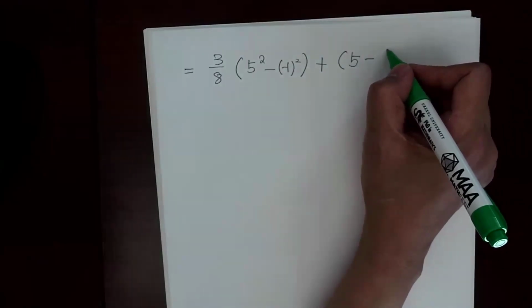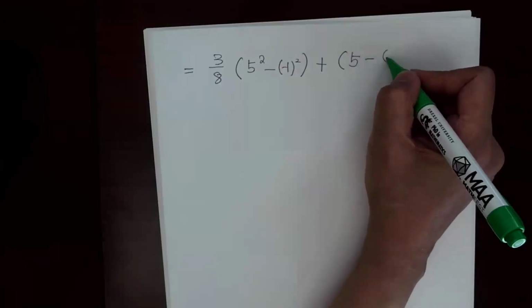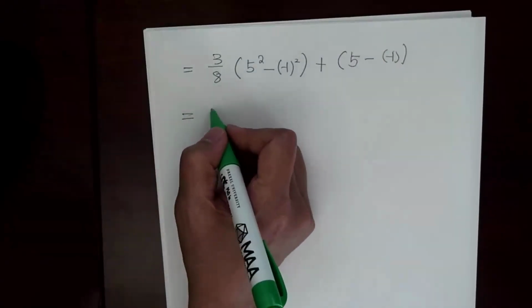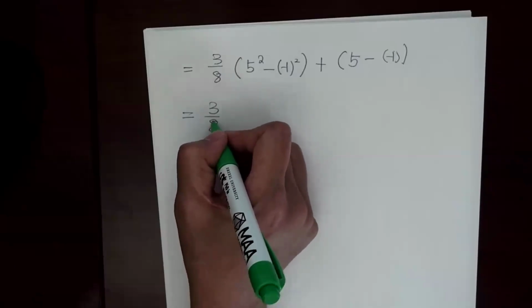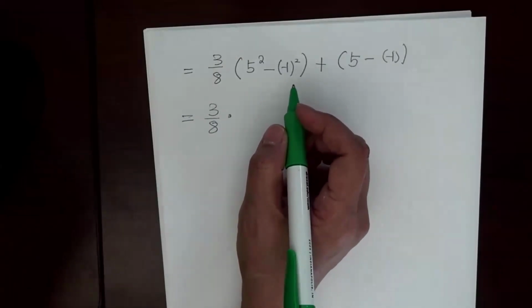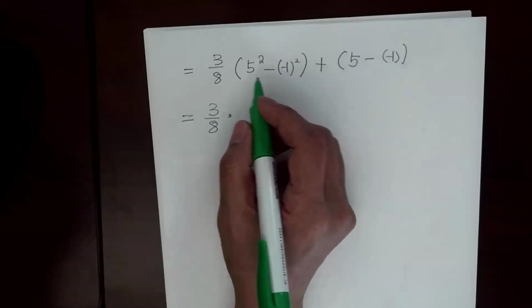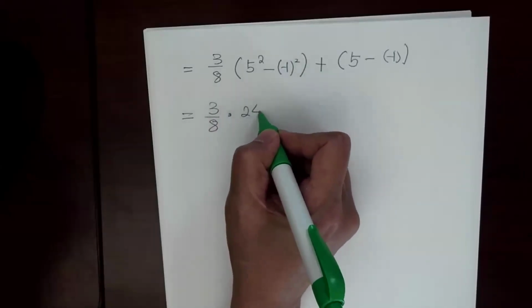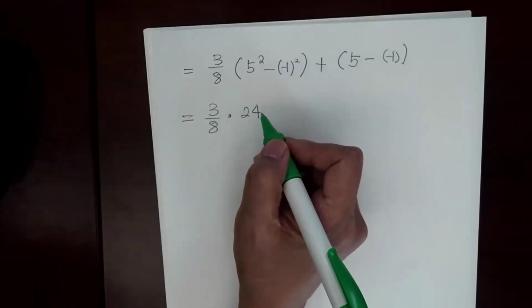-1, right? So that becomes 3 over 8 times what is this, 24, right? 24. Any question?